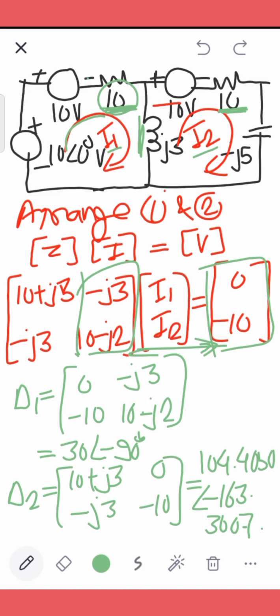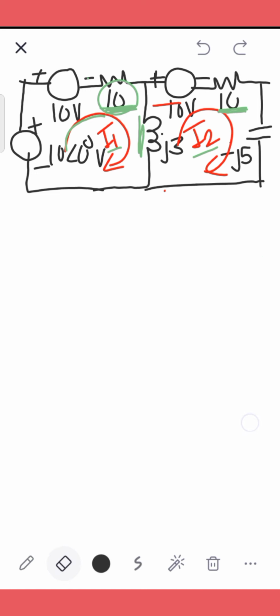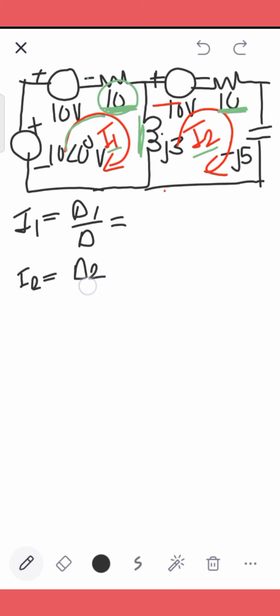Now put in the equations for I1 and I2. I1 is equal to del 1 by del, and I2 equal to del 2 by del.